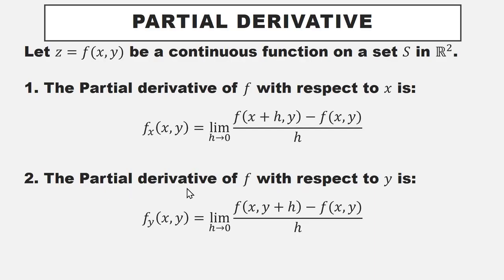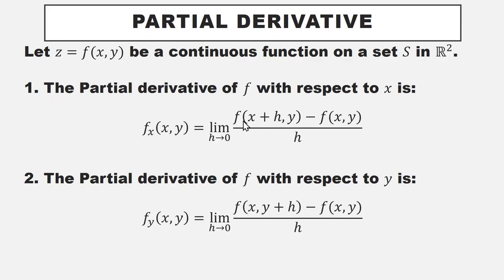So this is the idea of derivative. If you go back and look at the definition of derivative in a single variable function, it's exactly this, except we just don't have the comma y in this one, and we wouldn't have the x in this one. So it's the same concept.